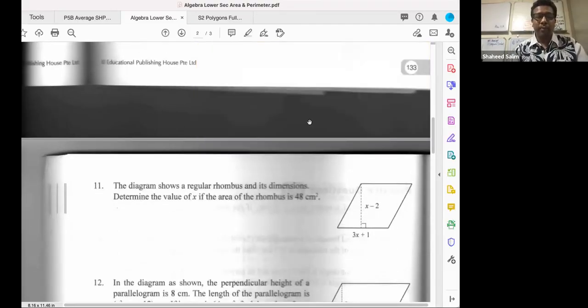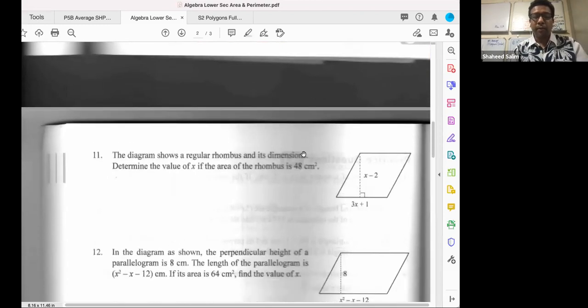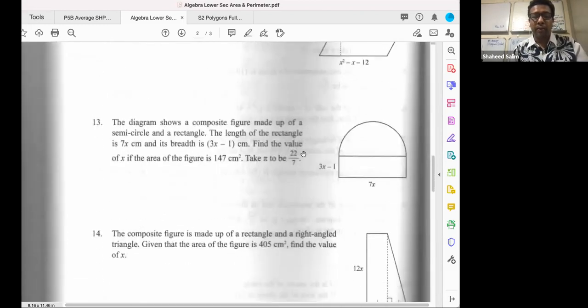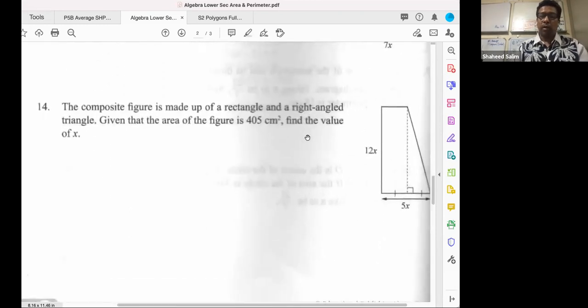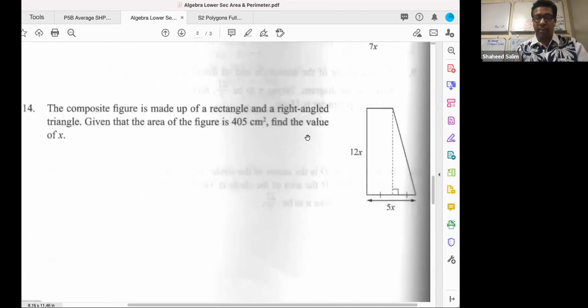All right. So now, can we try? Hold on, we try this one. A composite figure is made up of two figures.